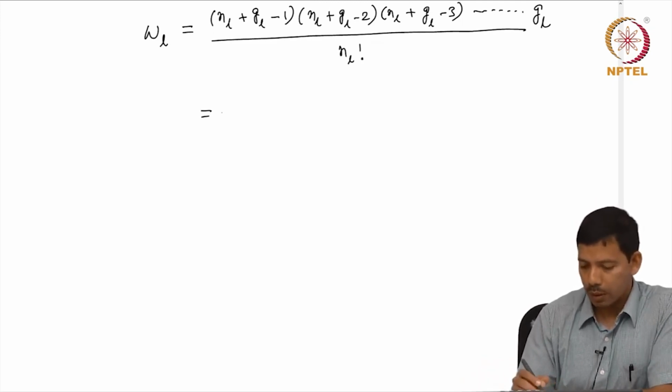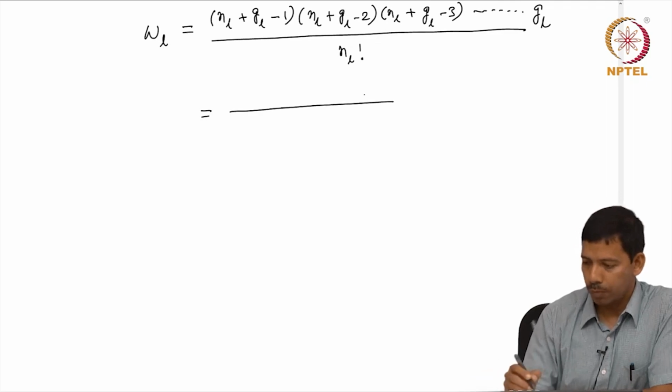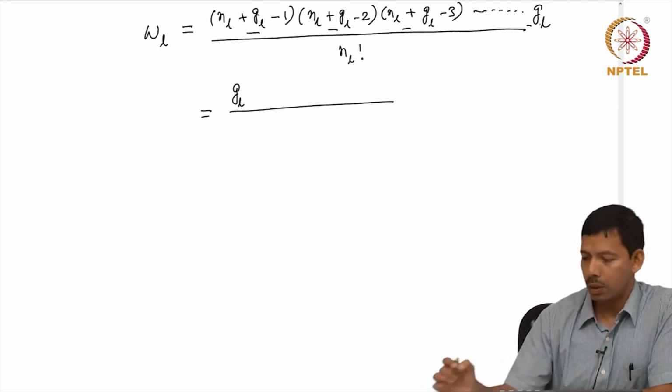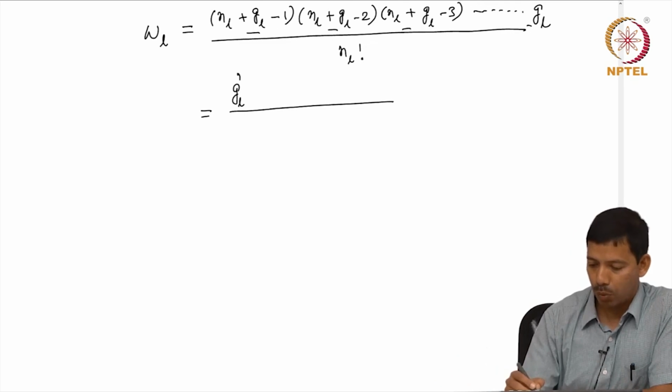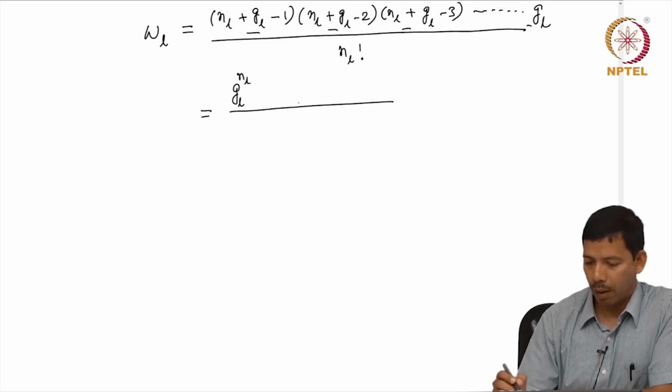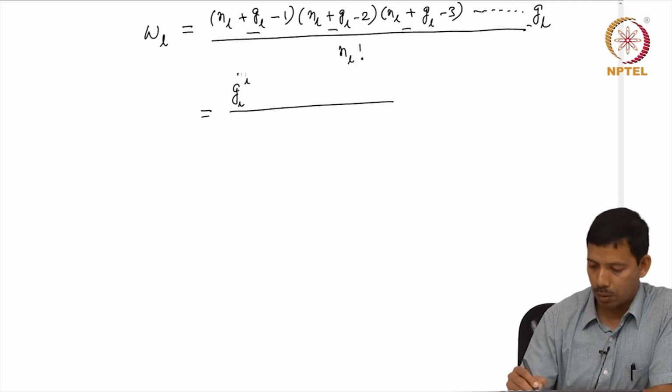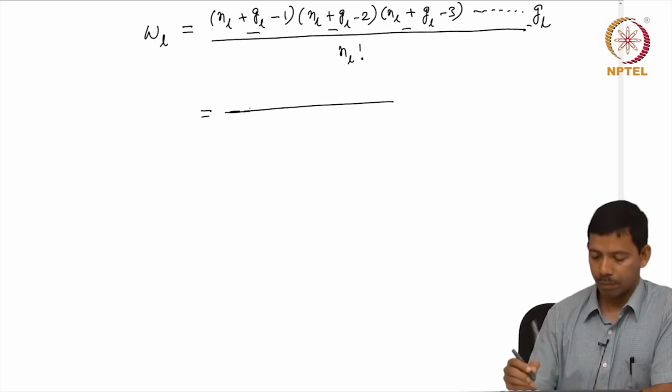As I said, I can take out GL from each of the terms above, so I get GL to the power NL. Okay, let me simplify a little further to make it more clear.